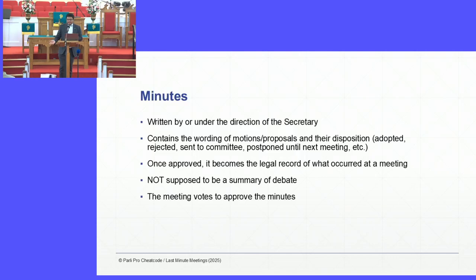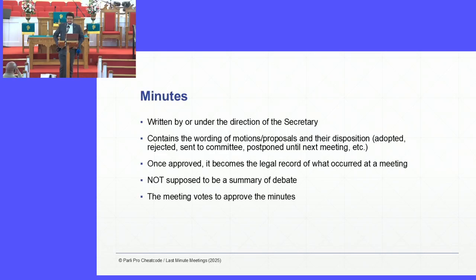Because if you need to go back and look at it, you should be able to say, oh, okay, we voted on this, we voted on that, we tabled that, and call it a day. Not, oh, well, so-and-so thought this was a great thing, and so-and-so thought that was a bad thing. No, it's supposed to be a summary of what was done, not what was said. And once it's approved, it becomes a record of what happened. That's the group pretty much endorsing, saying, hey, we agree, this is what we did at this meeting.